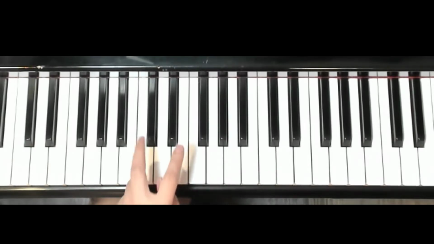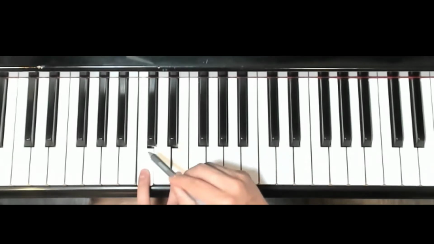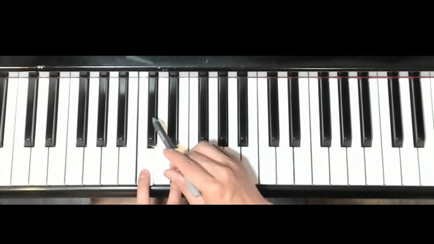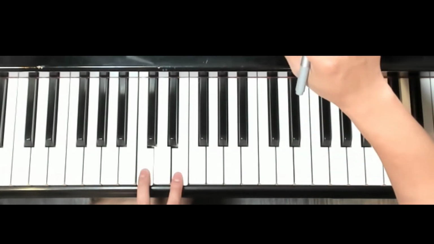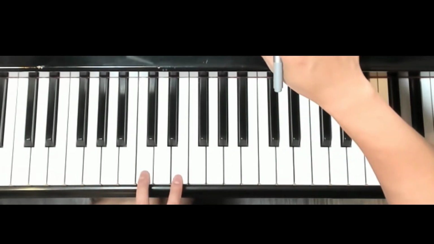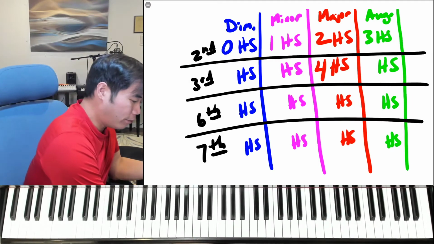So let's say I want to verify the number of half steps in a major third. I'll just start from C, go up 2 notes, 1, 2, 3, and count my half steps. 1, 2, 3, 4. C to E is 4 half steps apart. So that's one way we can verify this.